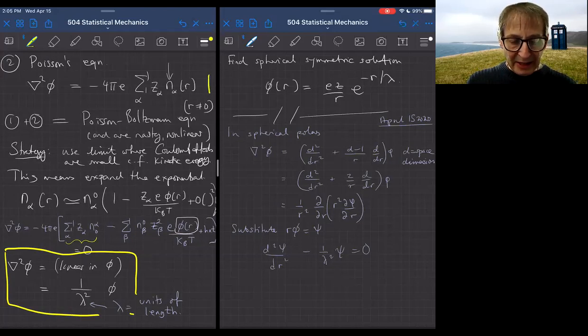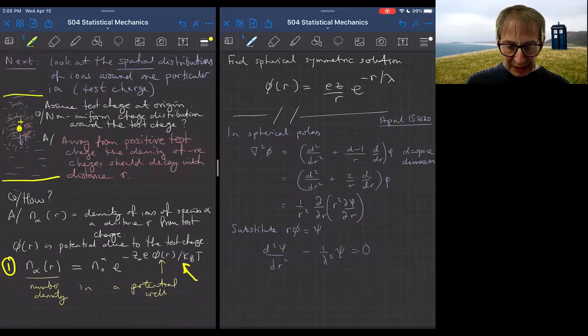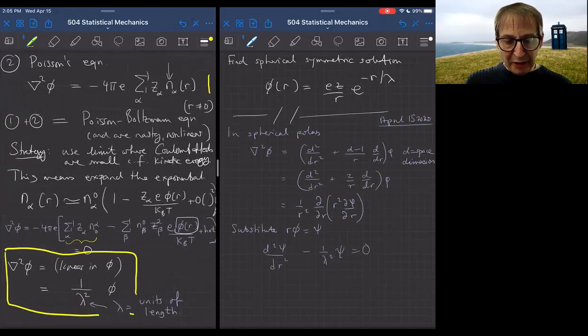That gave us two coupled equations, which are nonlinear because of the exponential in the Boltzmann factor. So then we set out to expand the exponential and look in the regime where the Coulomb potential is weak in some sense, which we'll determine in a few minutes.